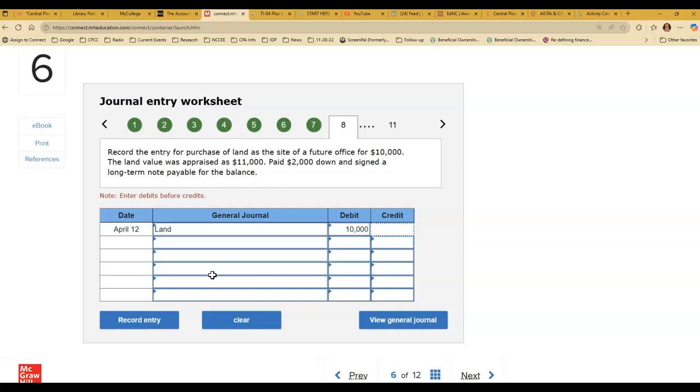All right, hang on a minute. Let's start right there. So we had cash, down payment, good, credit $2,000. Good. $8,000 notes payable, and is it short or long term? Good.